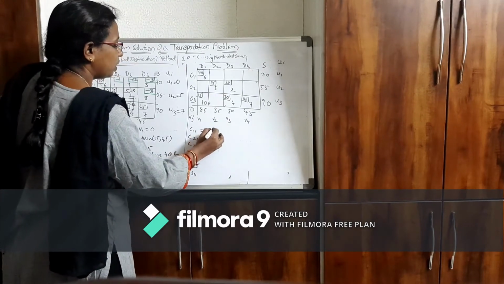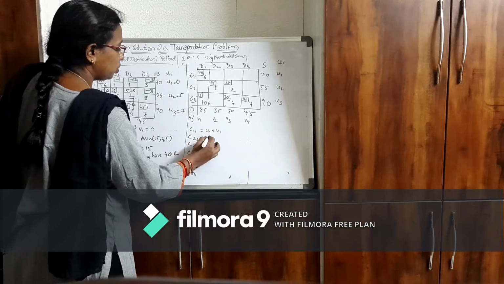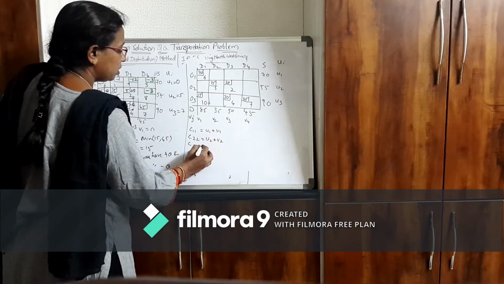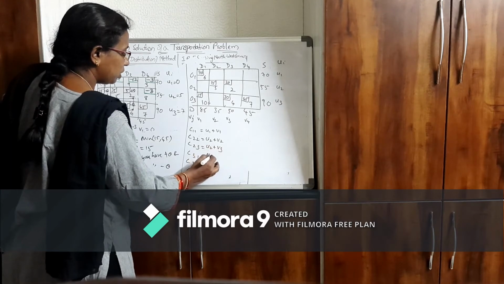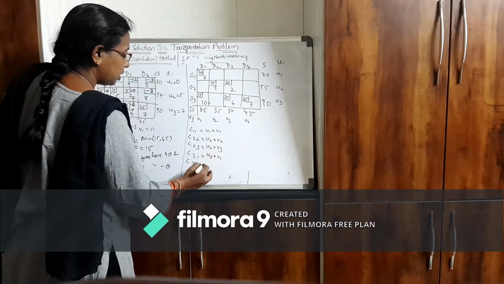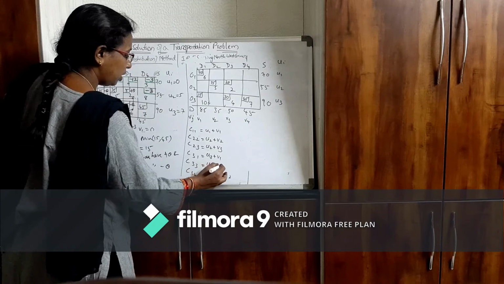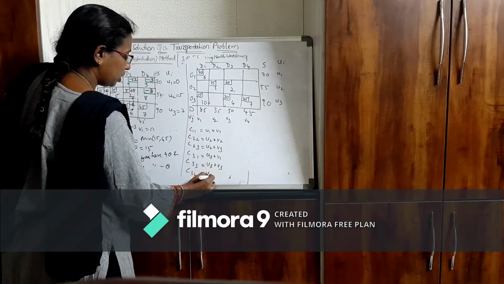So C11 is U1 plus V1, C22 is U2 plus V2, C23 is U2 plus V3, C31 is U3 plus V1, C33 is U3 plus V3, C34 is U3 plus V4.